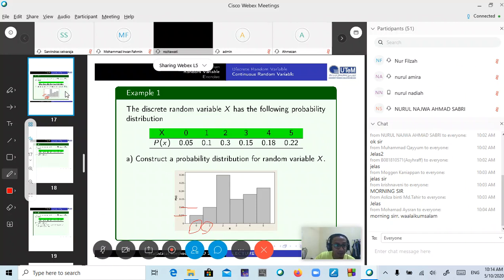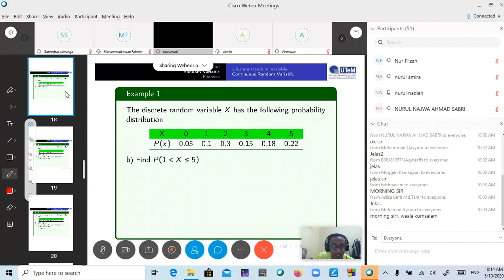I will go through this one quickly. Then this one: discrete random variable X. Find the probability of x starting from 1 until 5, and 5 is including. You want to find the probability, and your table is already given in terms of probability. So you must get the summation, where 1 is not including.